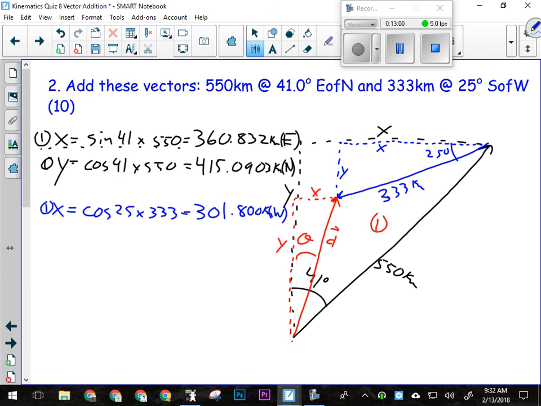Now this is where I confirm that I drew my diagram correctly. My black line went over 360 to the east. My blue line only comes back 301 to the west, which means I did draw it to the right place. It ended up short of where I started on the x-axis. And then for y, y is the opposite side, so the sine of 25 times 333.